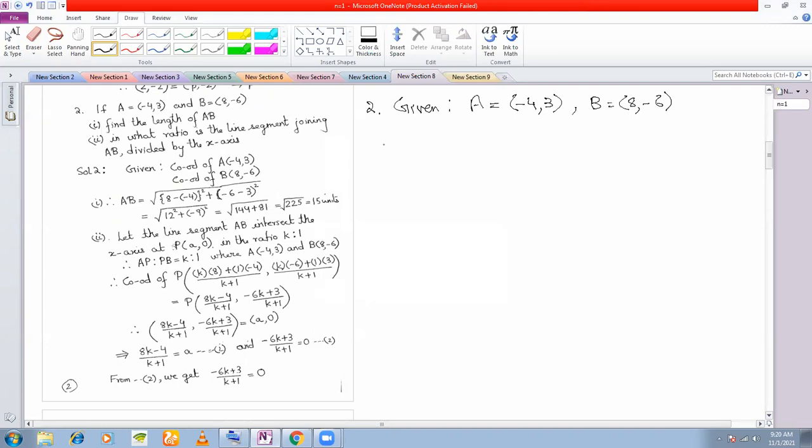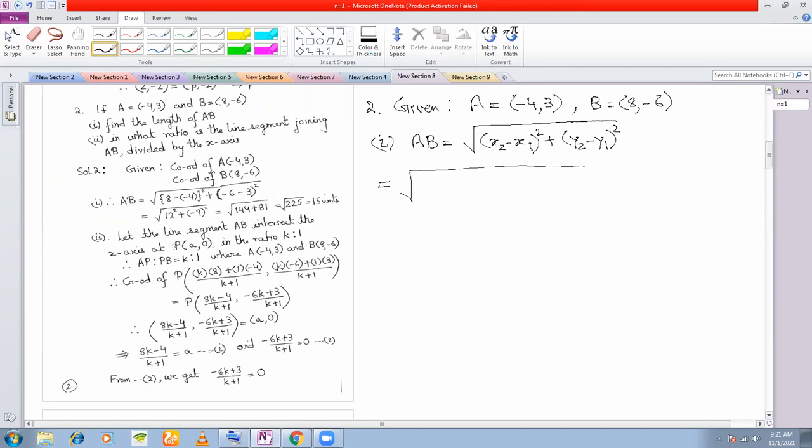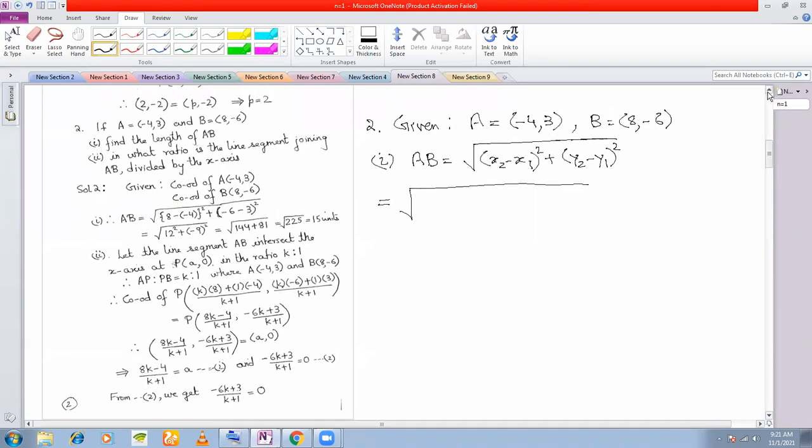You need to find out the length of AB first. So AB by distance formula is root over of x2 minus x1 whole square plus y2 minus y1 whole square, which is equal to square root of, take these points as x1, y1 and x2, y2.